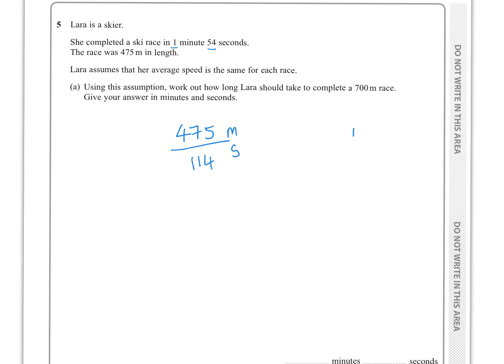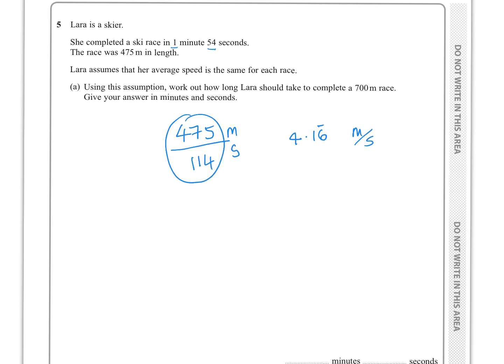So what we have is metres per second, and we've just got to do this on the calculator. 475 divided by 114. So we have 4.16 recurring metres per second.